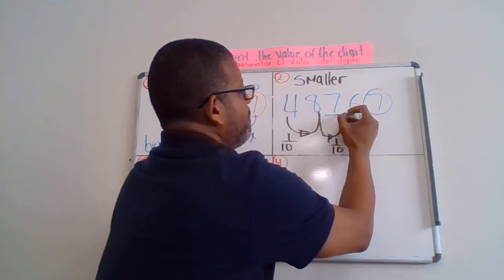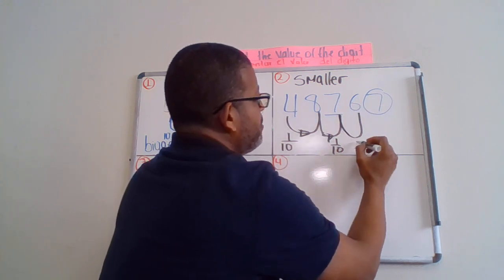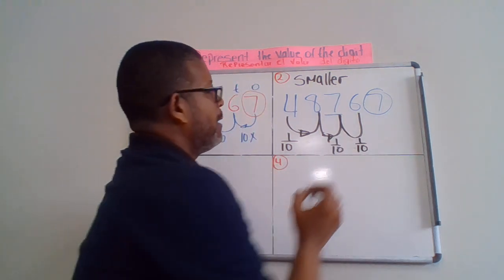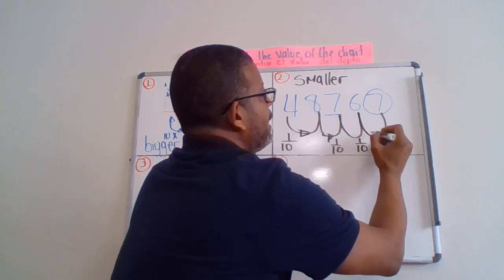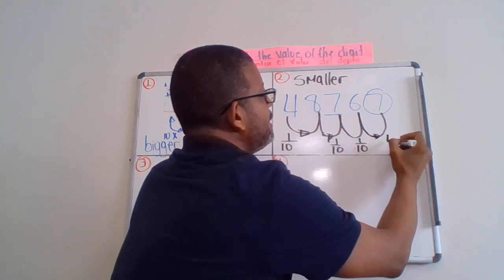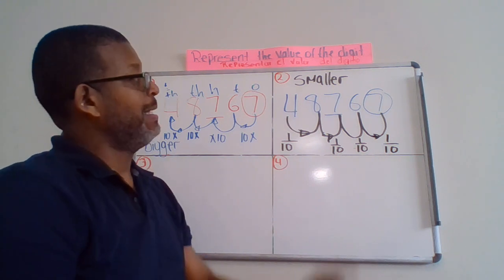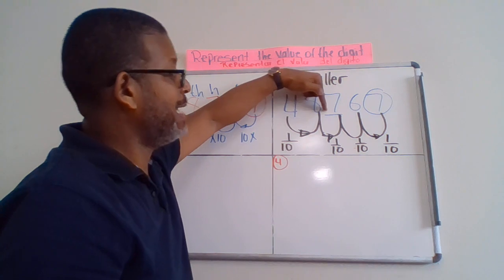The same, if we move from the 7 to the number 6, the number 6 would be 1/10 smaller.